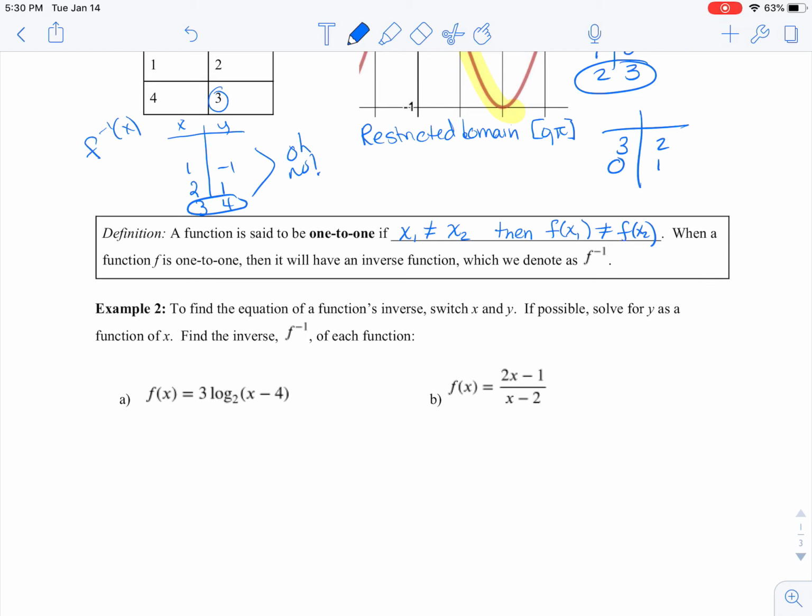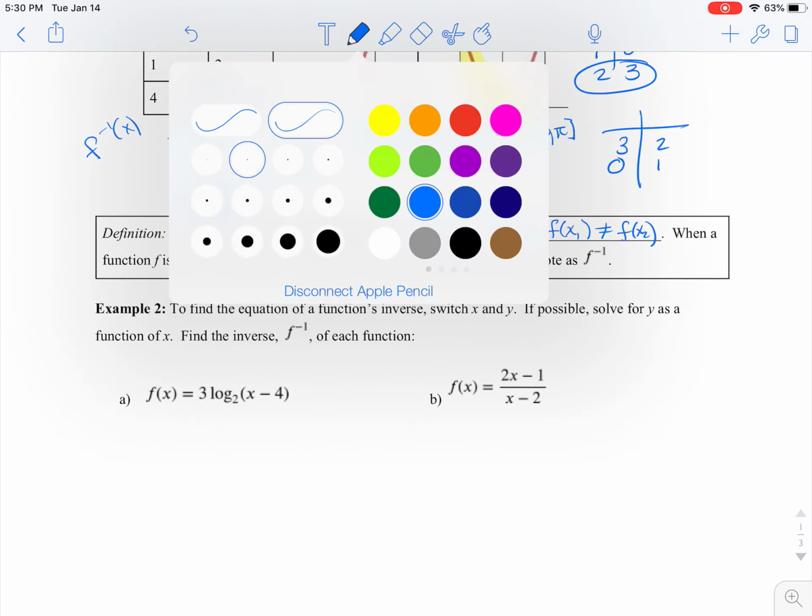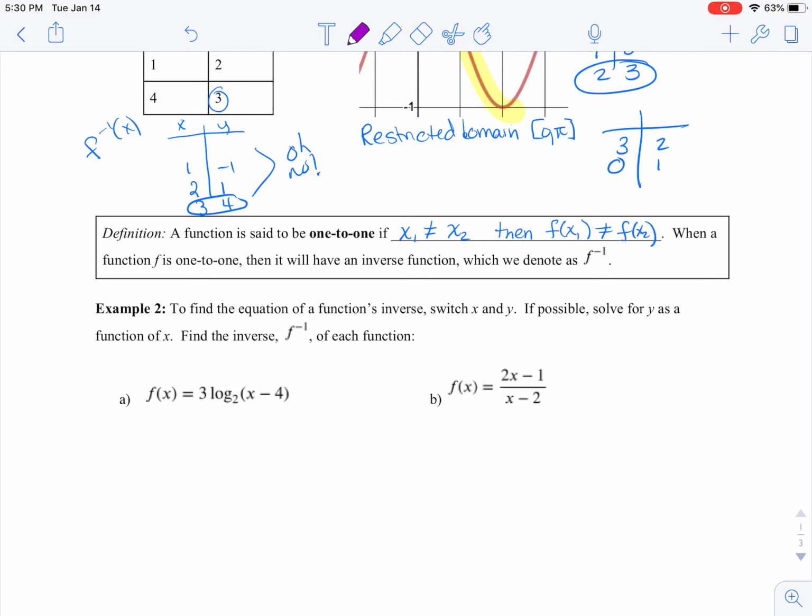What we're saying here is each x value has a different y value. And the test you've probably heard before, a way you can look graphically at a function to see if it's one-to-one, is the same as saying it passes the horizontal line test.